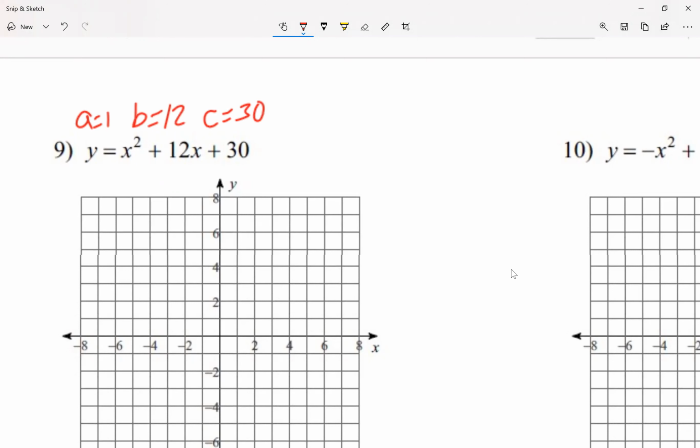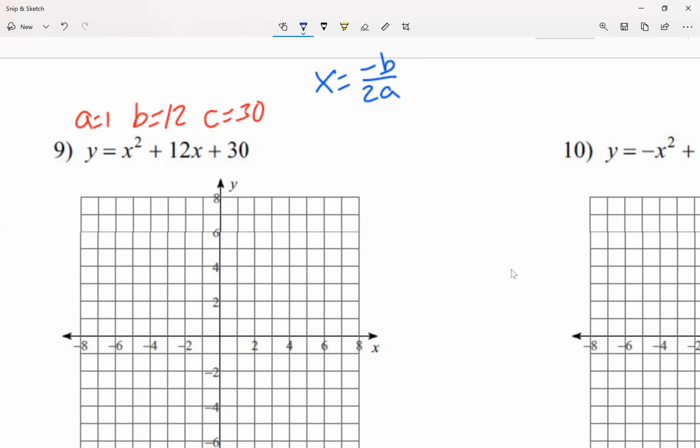Now I'm going to use two of them for me to find part of the vertex, right? For the vertex, I know it has an x and a y value, right? A point has an x and a y value. The way I'm going to find the x value is going to be negative b over 2 times a.